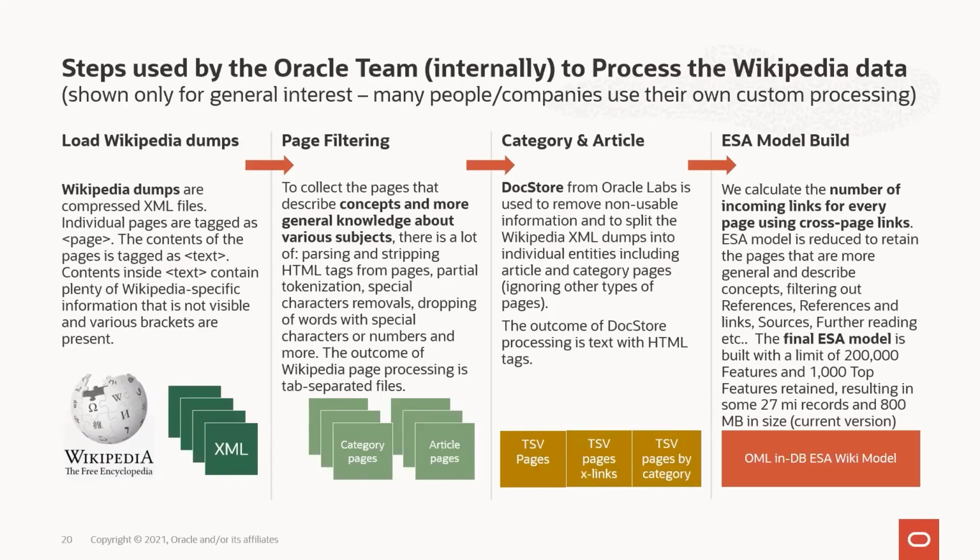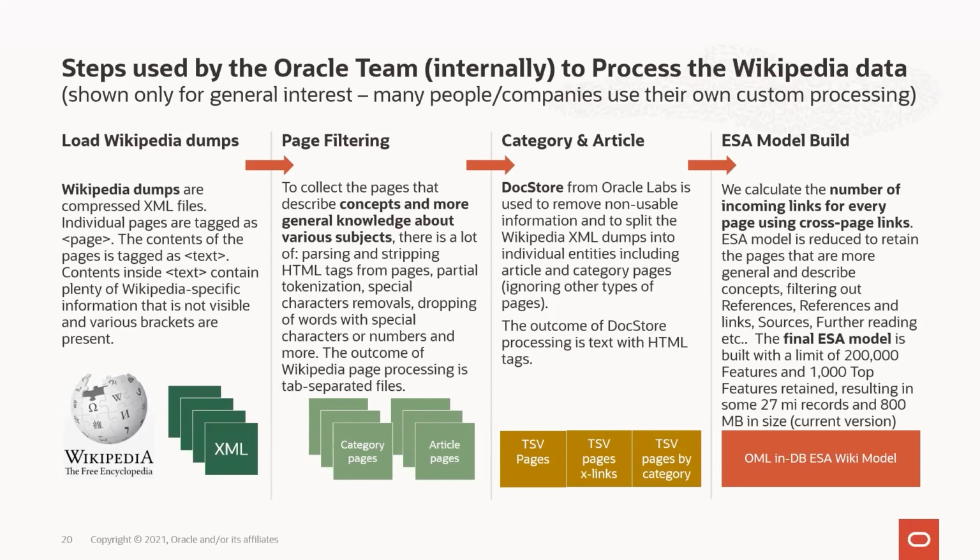If anyone is interested in creating their own custom ESA model instead of the one we've created with Wikipedia, these are the steps that were followed to process the Wikipedia data. They took these Wikipedia dump files, which are XML files with tags, and they did some filtering to distill the contents down to general knowledge on a variety of topics, removing HTML tags and special characters from the content.